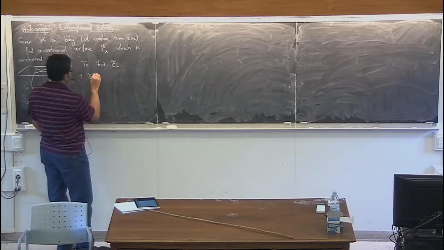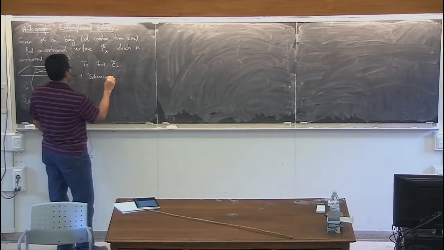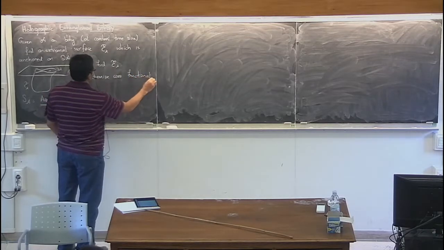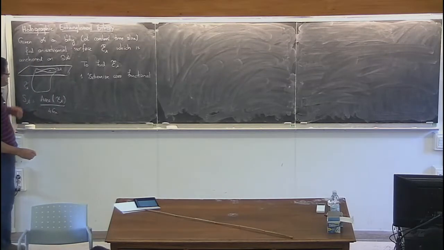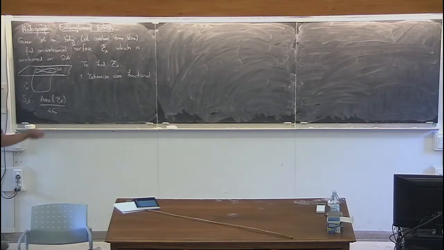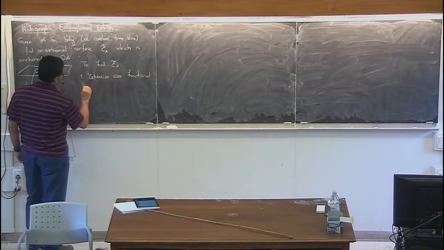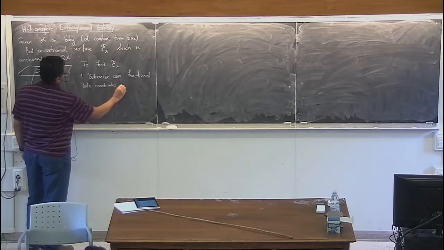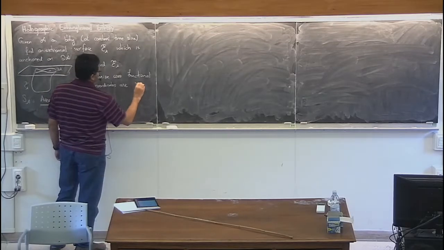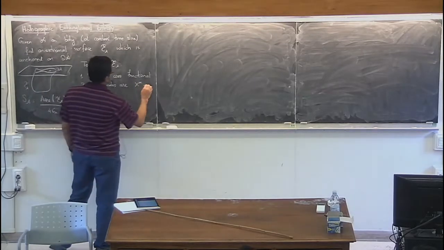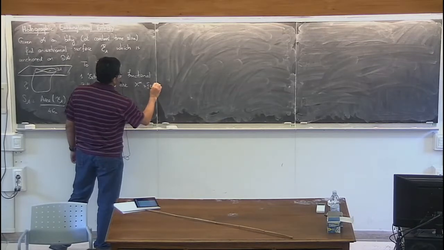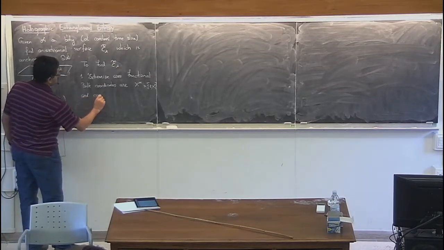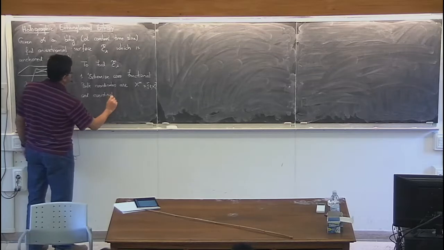You extremize the area functional, and the way you do this is, let's say we have bulk coordinates X^M, which is the set z and x^μ, and we can pick some coordinates on E_A.